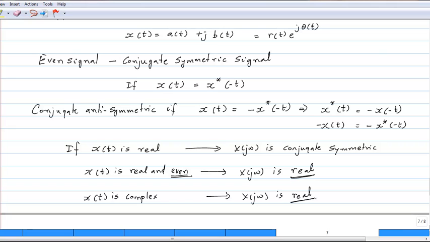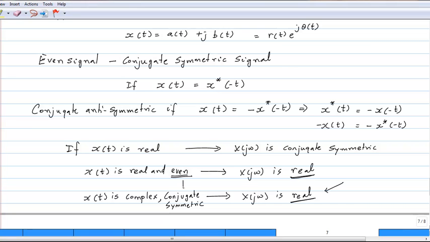This turns out to be that x of t has to be conjugate symmetric. It's not enough for x of t to be equal to x of minus t, but x of t has to be equal to x conjugate of minus t. Only then X of j omega is real.